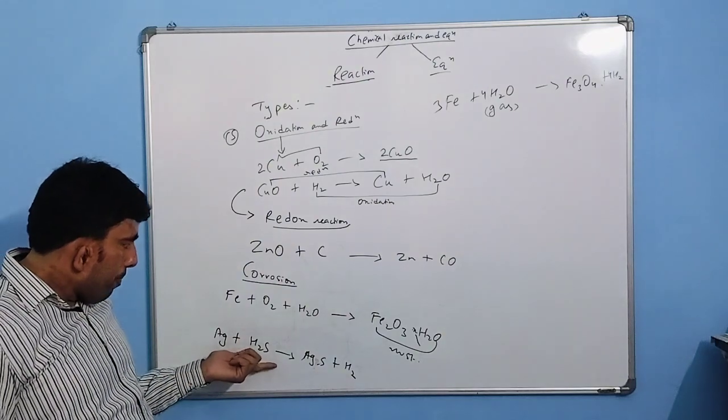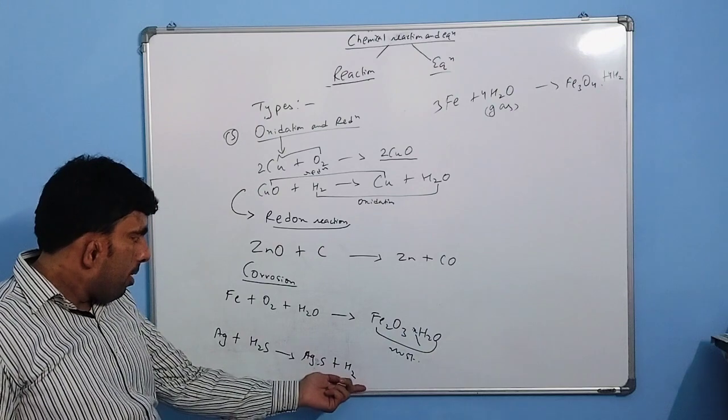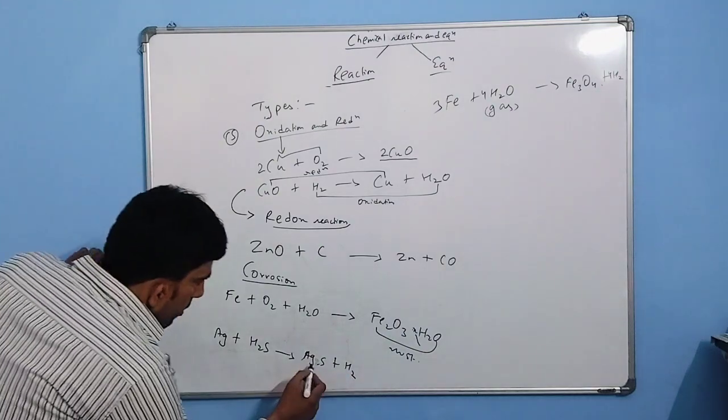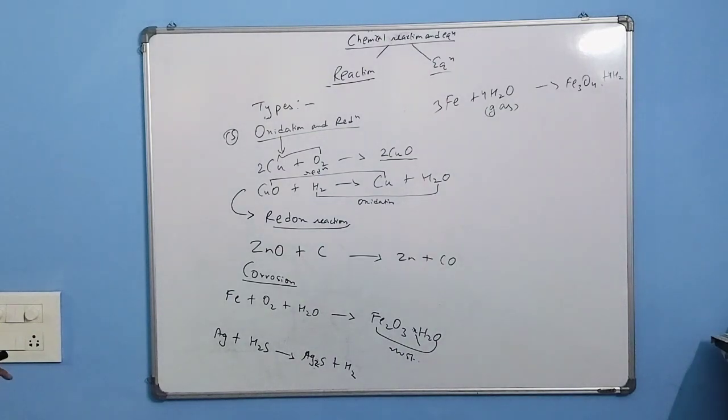Silver reacts with H2S, hydrogen sulfide from the air, and we get silver sulfide, Ag2S, plus hydrogen, H2. That is how we find corrosion in iron and in silver.